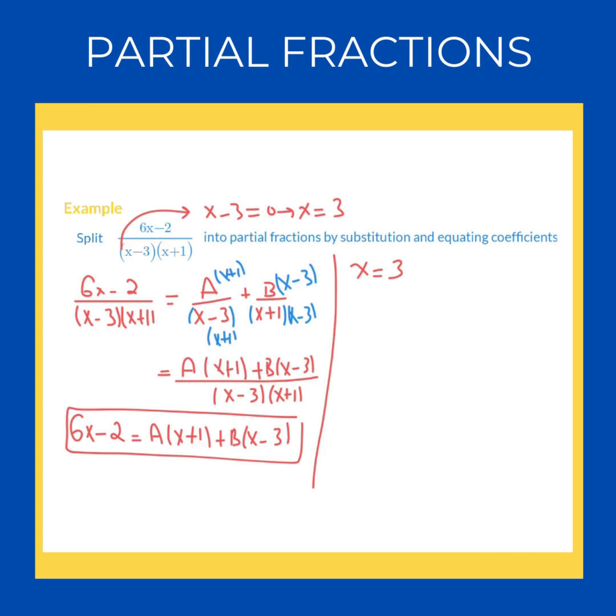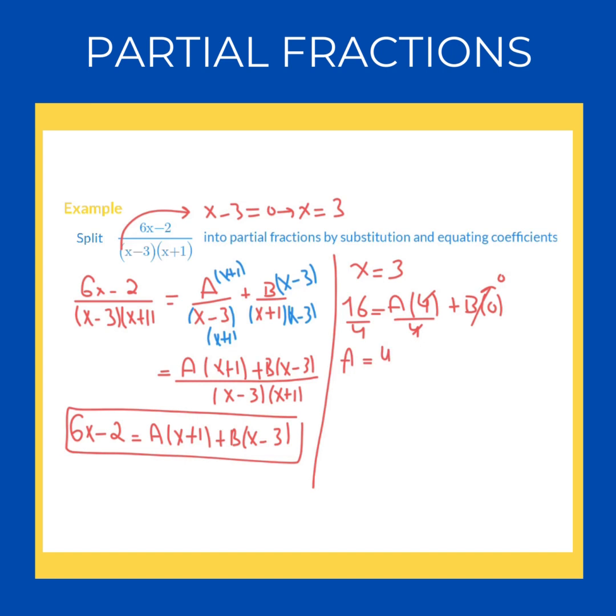So 16 is equal to a times x plus 1, which is 3 plus 1, and it's 4, plus b times x minus 3. So b times 3 minus 3, which is 0. So this cancels out. So over 4, a is equal to 4.